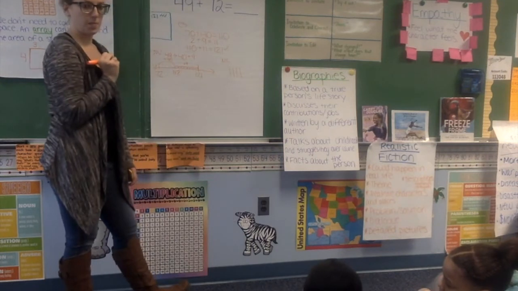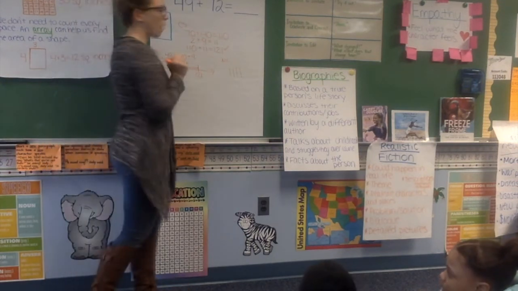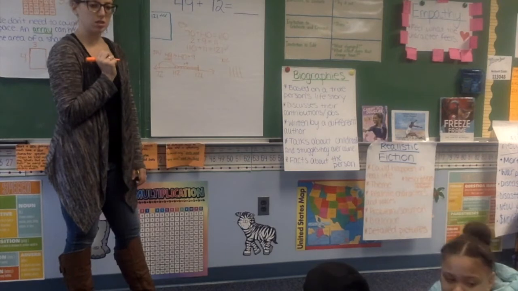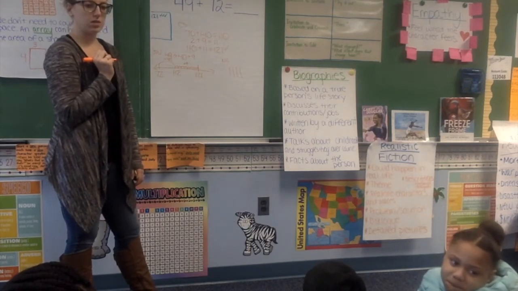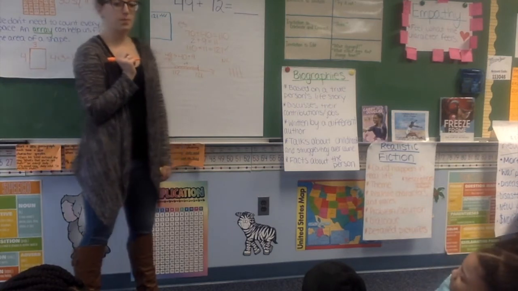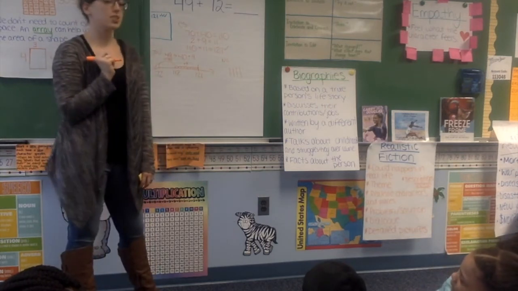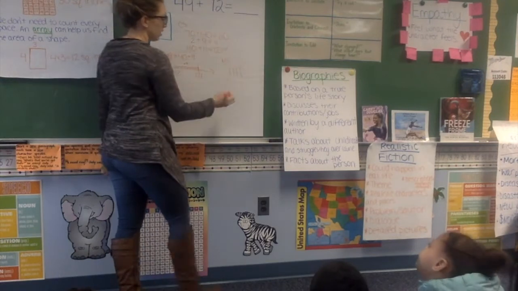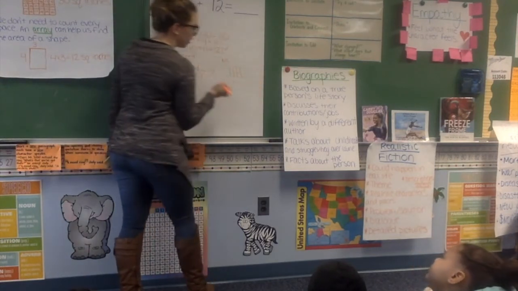And then you add 2 to the ones. Why would you add 2 to the ones? Because you always start with the ones first. And where did you pull that 2 from? The 70. The 70? 72. The 72. So you're looking at the 72 and you said, okay, I need to add 2 more.